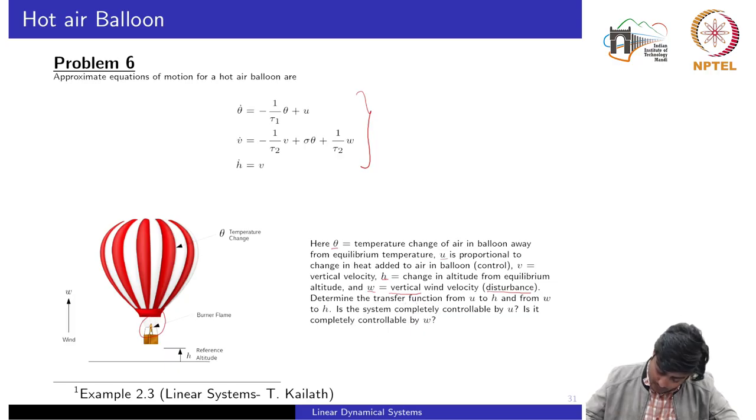So we need to compute H by U of s, one transfer function, and another transfer function, H by W. The second part of the problem is that we need to determine the controllability from both the individual inputs u and w.